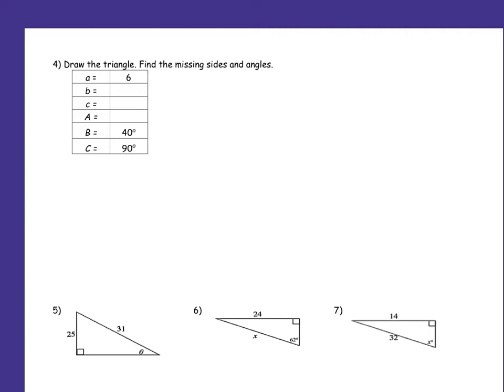If it says solve the triangle, that means find all of the sides and all of the angles, not just find x or find theta or whatever's missing. You have to find all the sides and all the angles. I just want to throw that out at you because sometimes it's a different language.